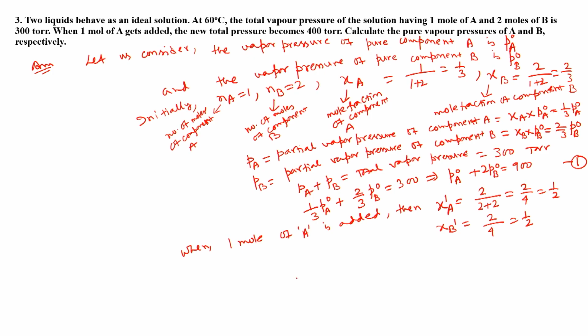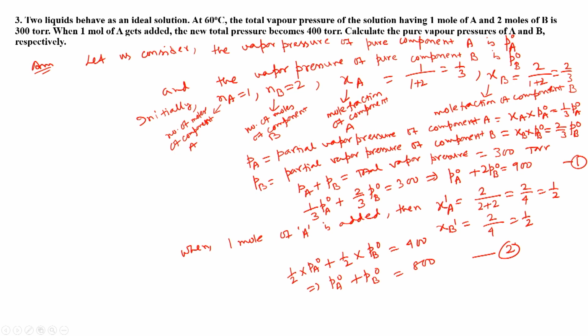Okay, so the new vapor pressure is 400, so we get 1 by 2 times PA naught plus 1 by 2 times PB naught gives 400. So you get PA naught plus PB naught is 800, and this is our equation 2.